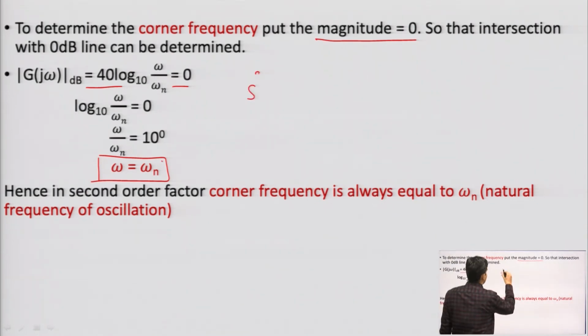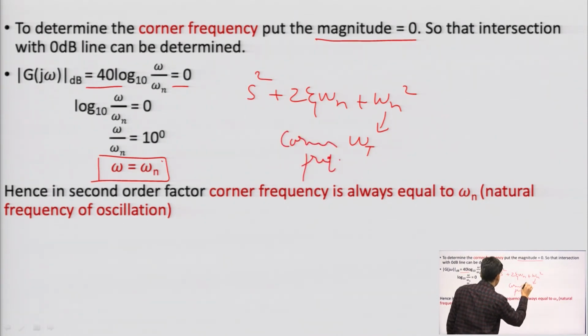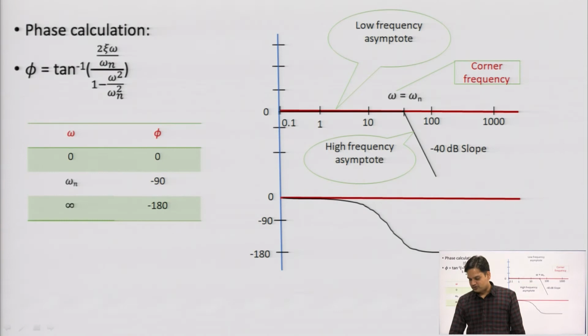So whenever s squared plus 2 zeta omega n s plus omega n squared is given, you need to calculate omega n, which gives you the corner frequency. Always remember, for a quadratic factor, the frequency of oscillation is the corner frequency in the second order factor.